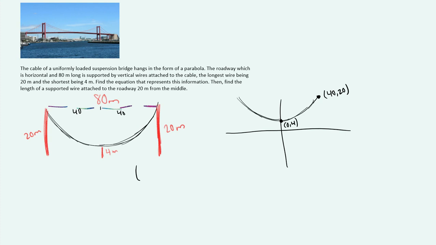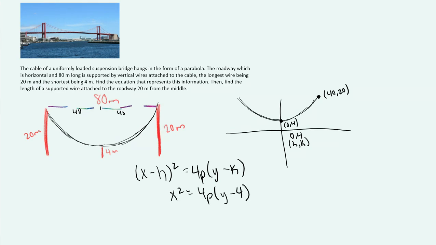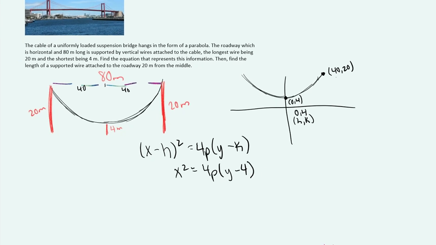So with that, we can use the formula x minus h squared equals 4p times y minus k. Your vertex was at 0, 4, which is your h and your k. So I can plug in my h as 0, so I'm left with x squared equals 4p times y minus 4. Then we have to figure out the p-value. Well, I have a coordinate point, x, y, where my x is 40 and my y is 20.